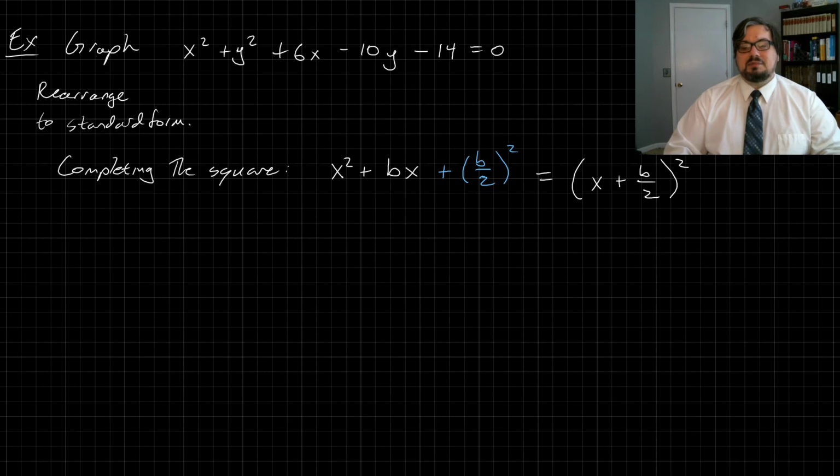This is x plus b over 2 squared. And we can check this just by foiling out the right-hand side.